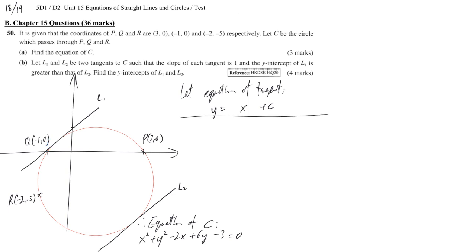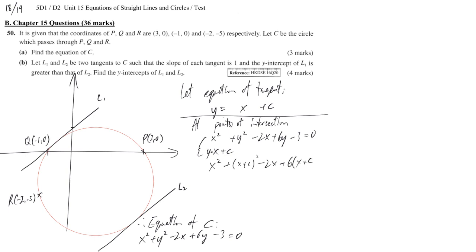So consider a point of intersection that fulfills the circle requirement and, at the same time, the straight line requirement. Then we solve the simultaneous equations by substitution. x squared plus (x plus c) squared minus 2x plus 6(x plus c) minus 3 is equal to 0.